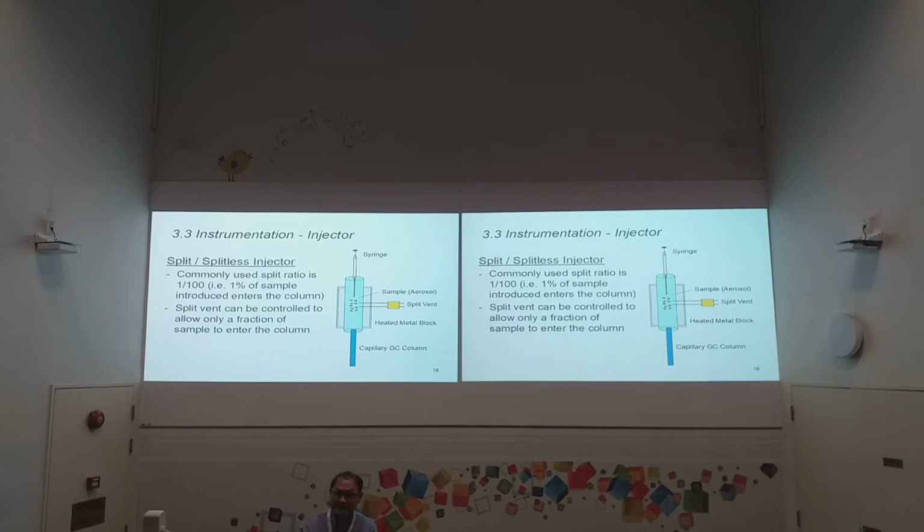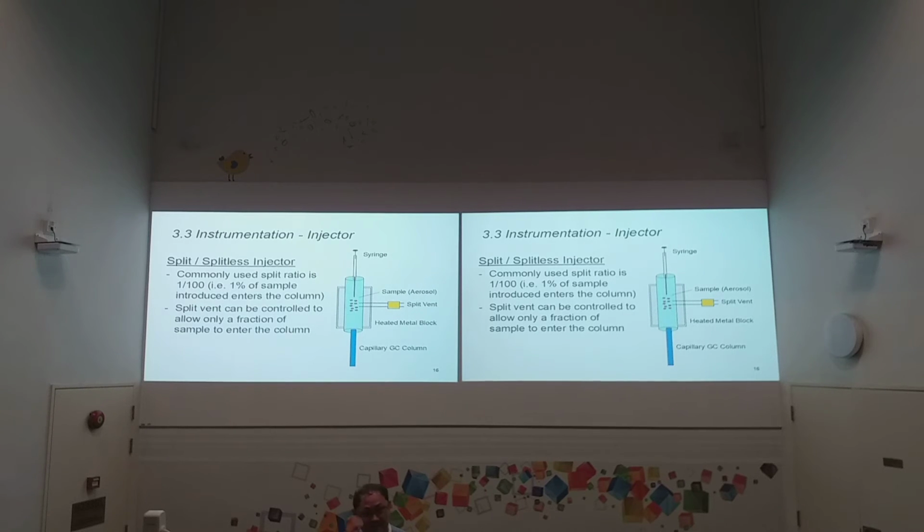But what happens next is different. With the original PET column, everything vaporizes and the vapors go into the PET column together with the mobile gas. But with this capillary column, we use what is called a split injector.